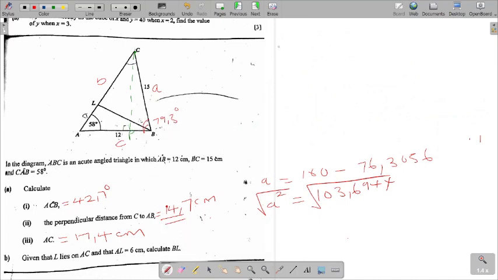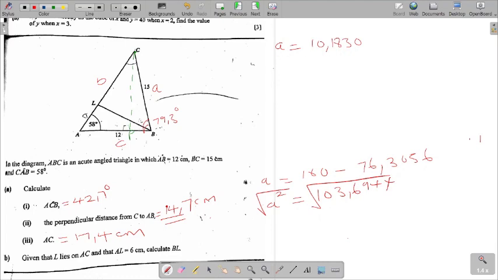So our a is equals to the square root of 103.6944, which is 10.1830. So this is our a. There's no squared here, we rub off this squared. So our a is equals to 10.1830.